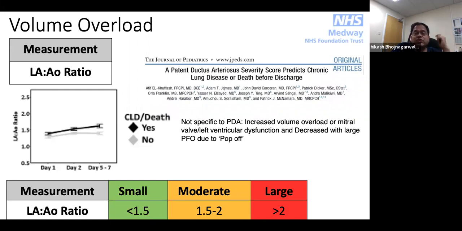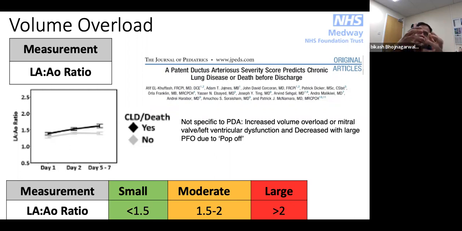Also to consider is that sometimes even when you have a very large duct, you might not have a large LA because you have a large PFO, and this PFO will act as a left to right flow for you to remember. So we know that we're trying to measure the volume overload.